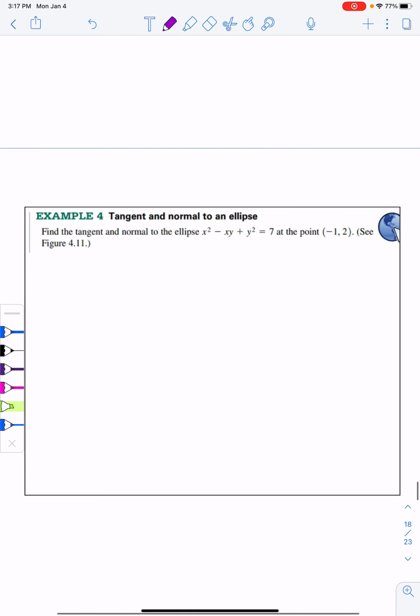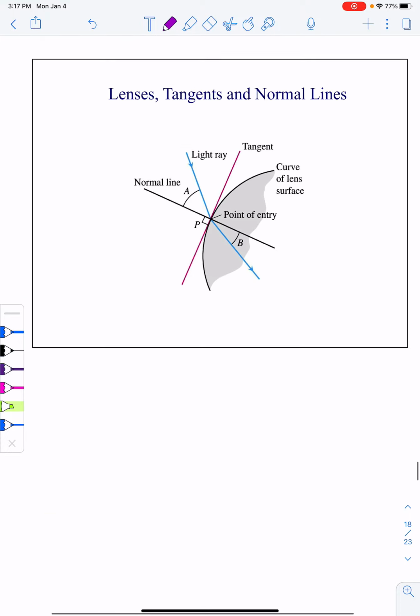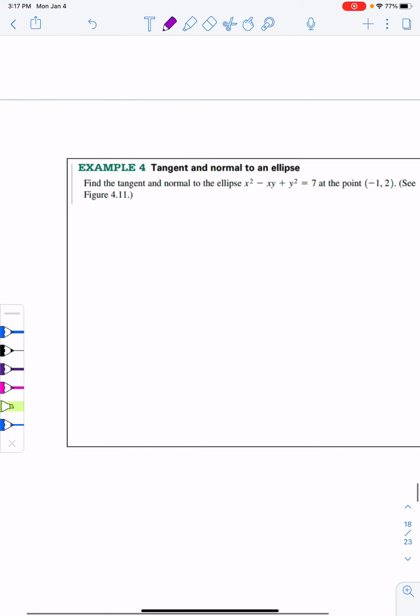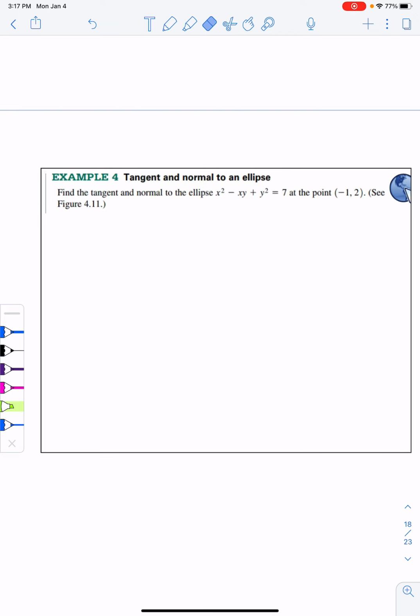And see figure 4.11. That's the picture that we were just talking about. And so we're going to take the derivative. I'm going to rewrite this, my apologies: x squared minus xy plus y squared equals 7.